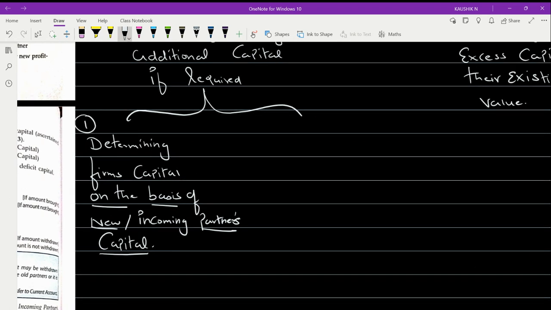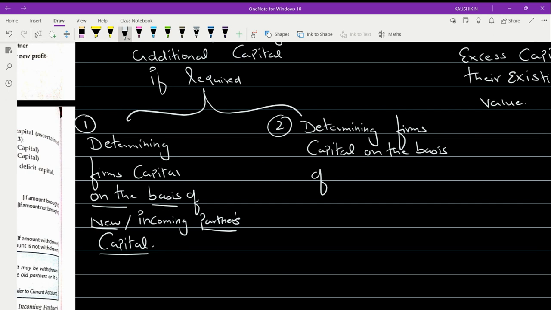Or the other way is the reversal of this. The second method is determining firm's capital on the basis of old partners' capital.